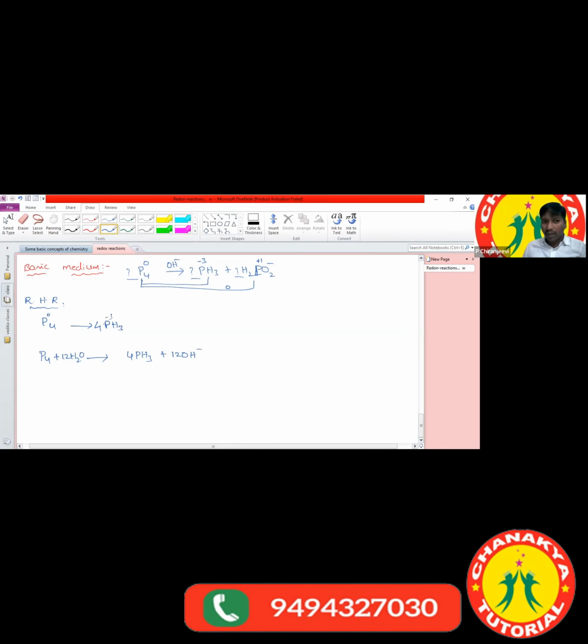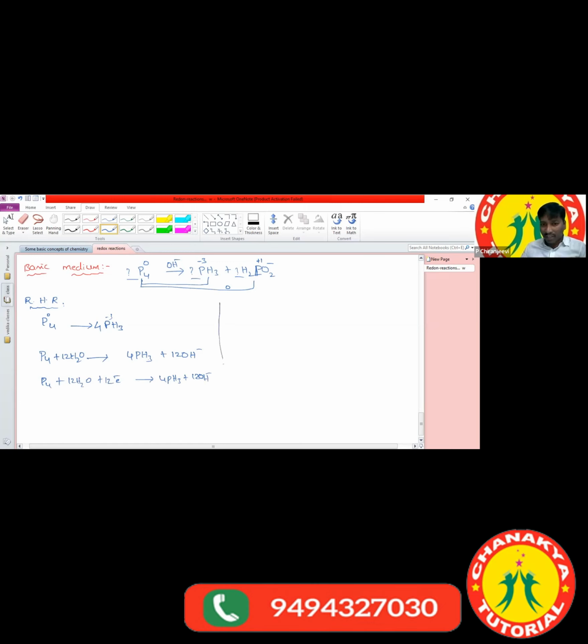The total number of phosphorus atoms is 4, and 4 times 3 is 12, so 12 electrons it is gaining. So P4 plus 12 H2O plus 12 electrons gives rise to 4 PH3 plus 12 OH minus. Now the charge is also balanced.